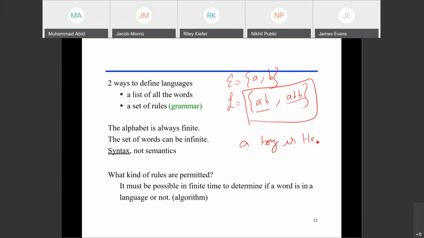And full stop. I put a full stop here after boy. So now you see that it contains all valid words, and basically I want to write: he is a boy.